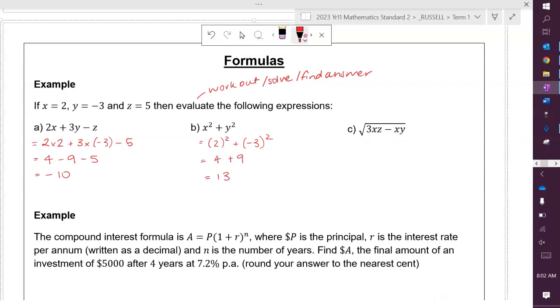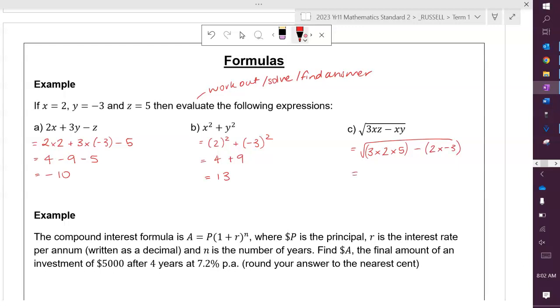And the last one here, I have a root sign, and it's going to be 3 times x, which is 2, times z, which is 5, and then minus, now if we put those in brackets, if you wanted to put this into your calculator, if you do it all in brackets, it will make it a little bit neater for you. And then x is 2 and y is -3.